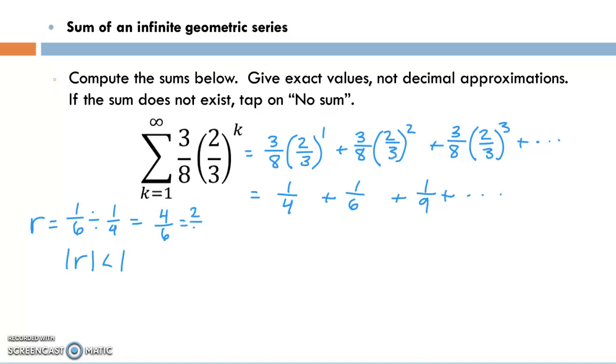And I'm going to reduce r to 2/3 here, because that's going to make it simpler when I take my infinite sum, which is equal to my first term divided by 1 minus r. My first term I found was 1/4. I'm going to divide that by 1 minus r, which is 2/3. 1 minus 2/3 is equal to 1/3.